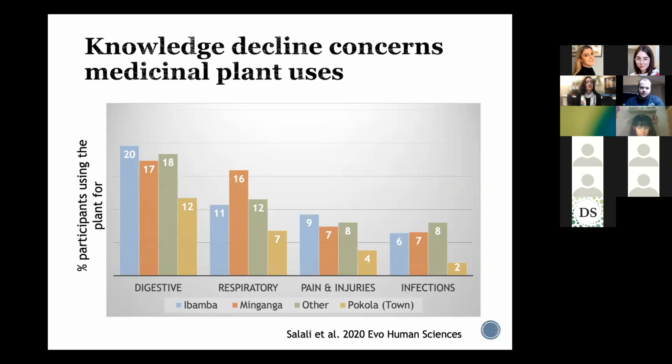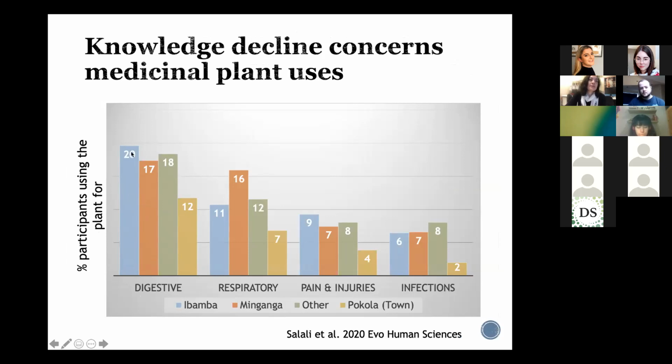And I also looked at whether the use types differed among the BaYaka who were born in town and who were born in forest. For that, I looked at the percentage of participants using different plants for different reasons. Here you see the percentage of participants in different campsites using plants for digestive system disorders.